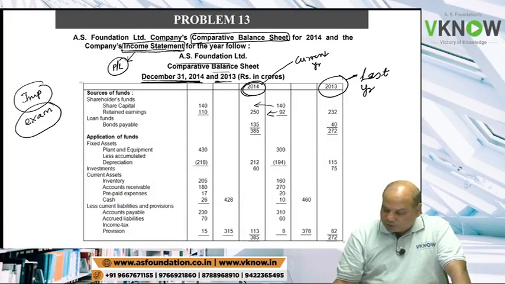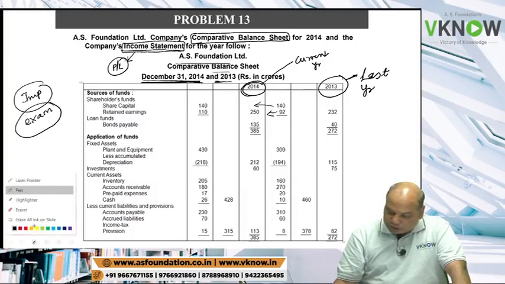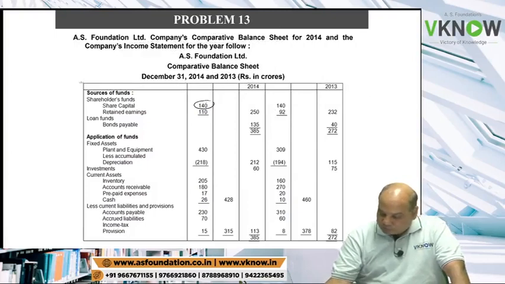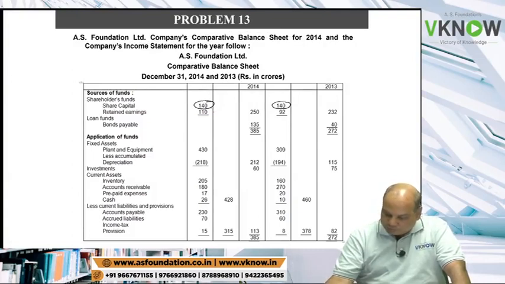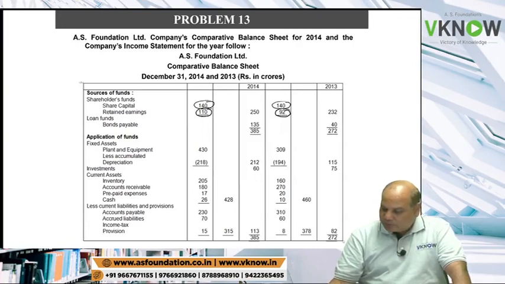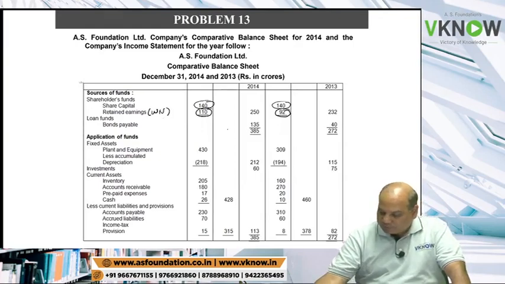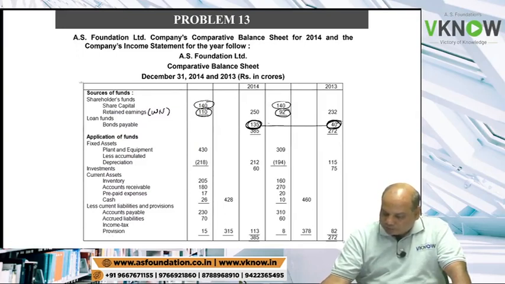So what is the first item? Share capital. Share capital is the same, no change. Retained earnings, we'll prepare a working note for this if required. Bonds payable: opening is 40, closing is 135.